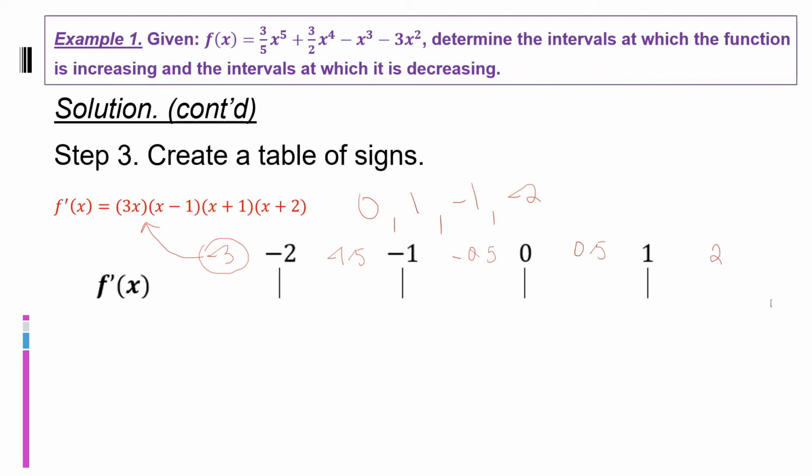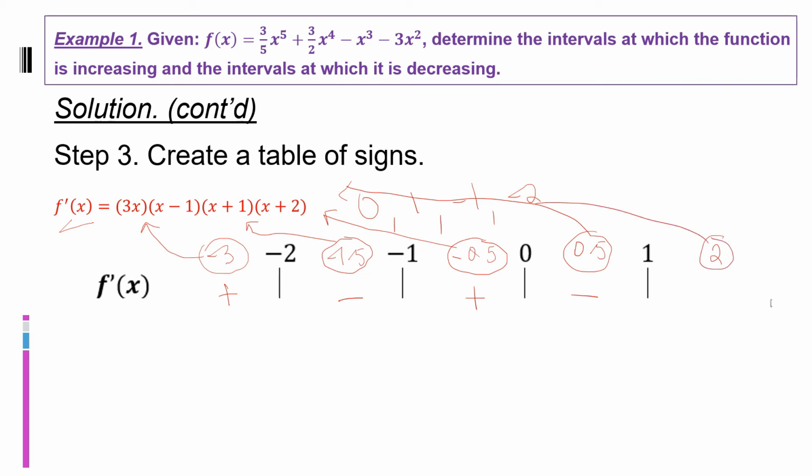And if we plug in negative 3 to f prime of x, makikita ninyo na yan ay positive. If we plug in negative 1.5 sa f prime of x natin, that will be negative. Negative 0.5, ipa-plug in kay f prime of x, that is positive. 0.5 plug into f prime of x, that is negative.